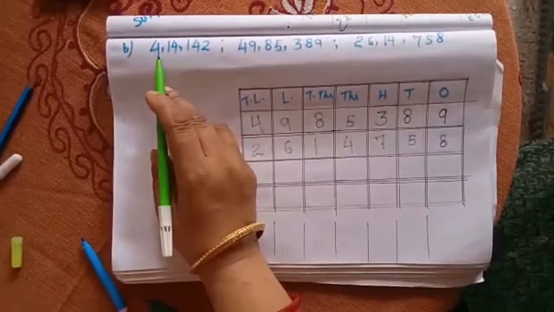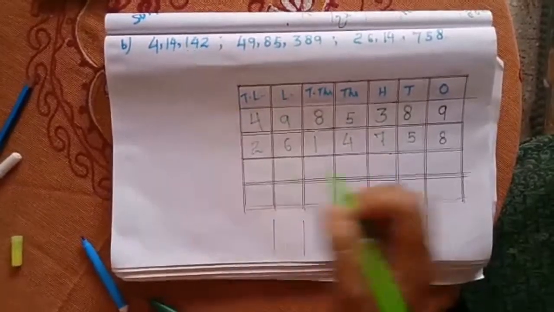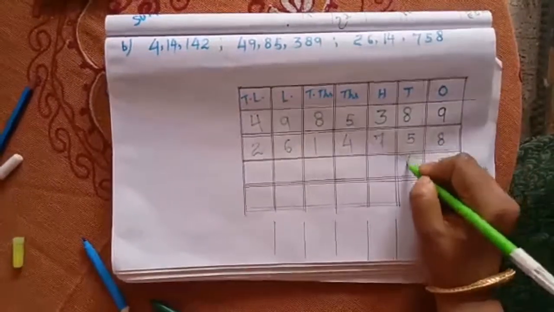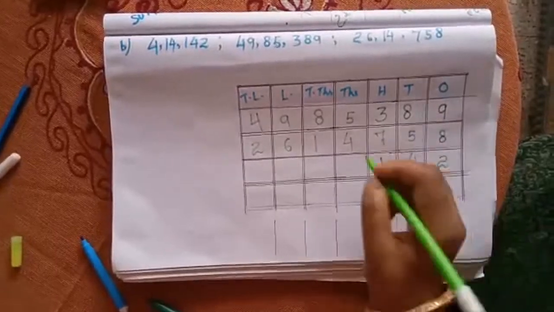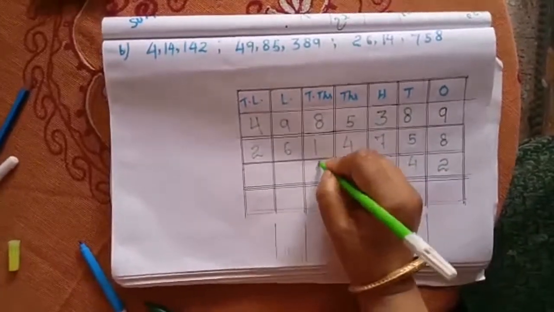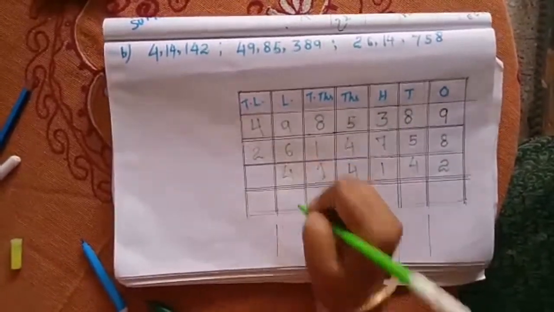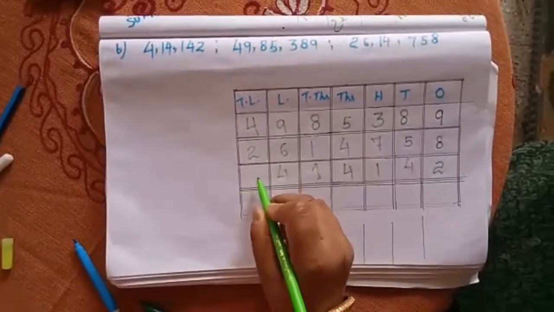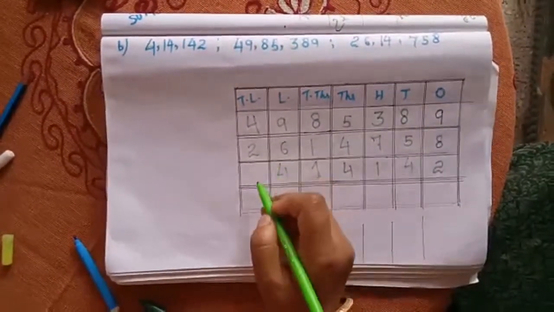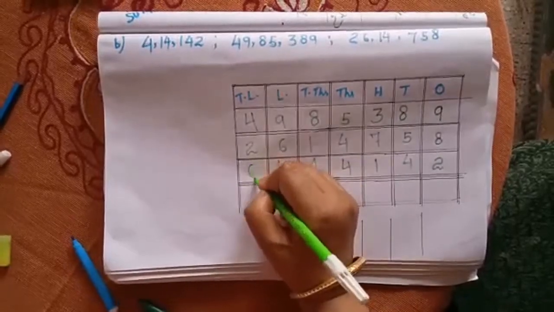And the least one is 4 lakhs 14,142: 2 ones, 4 tens, 1 hundred, 4 thousands, 1 10,000, 4 lakhs, and the vacant place in the 10 lakh, nothing is there, it means it is 0.